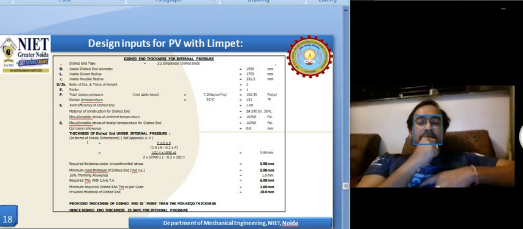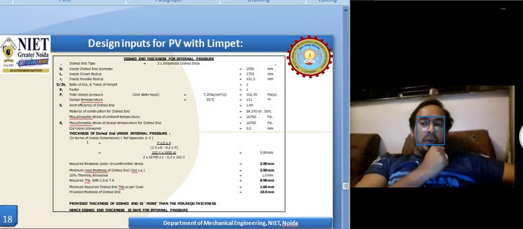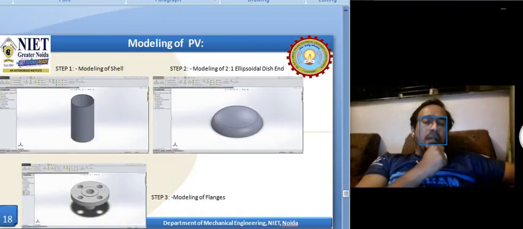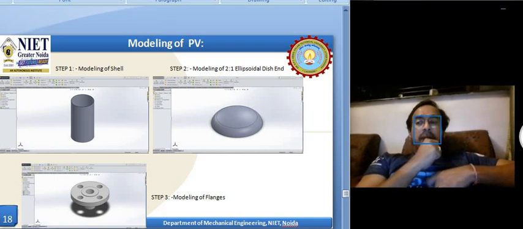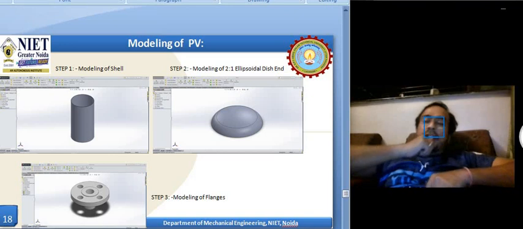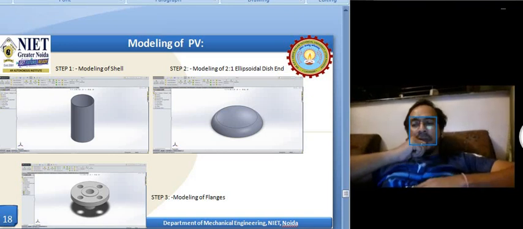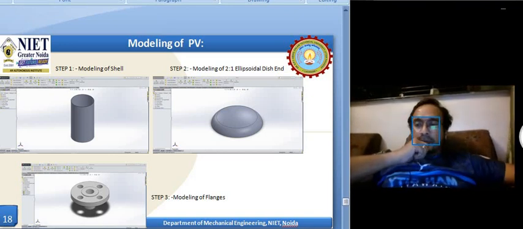But if we add some parameters, we are taking it on the higher side, at 10 mm for the safer side. It will definitely increase the weight of the pressure vessel, but it will be useful in terms of modeling and other aspects. So these are the parameters for the shell, dish end, and the flanges. We have done the modeling of the same.